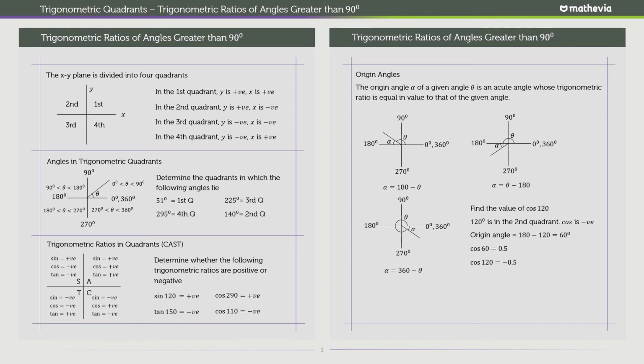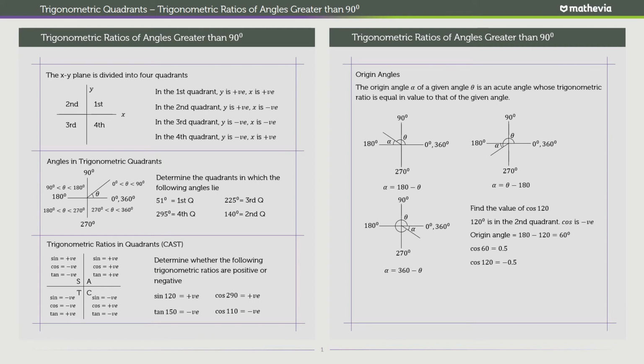We have pretty much everything we need to know. For example, if you're looking to find the cosine of 150 degrees, 150 degrees is in the second quadrant, and you need to find the origin angle of 150 degrees. It's an acute angle whose trigonometric ratios are equal to the trigonometric ratios of 150 degrees.